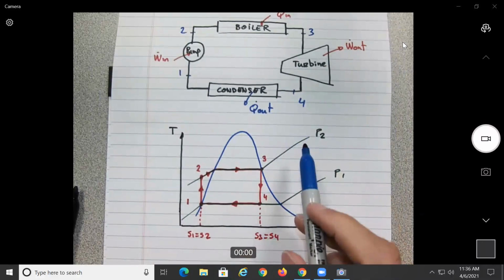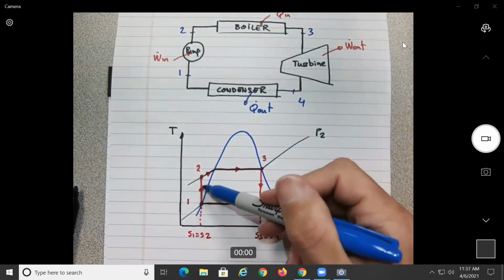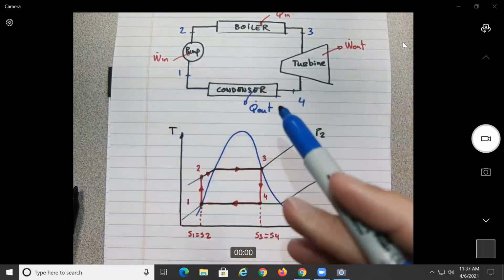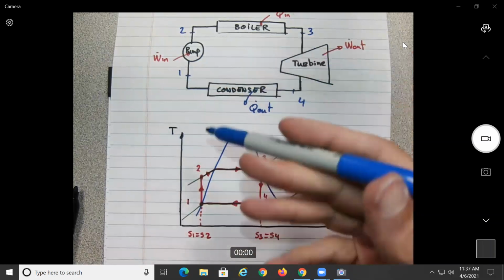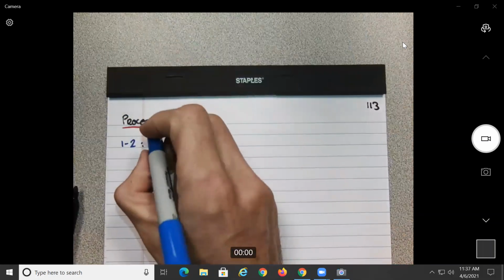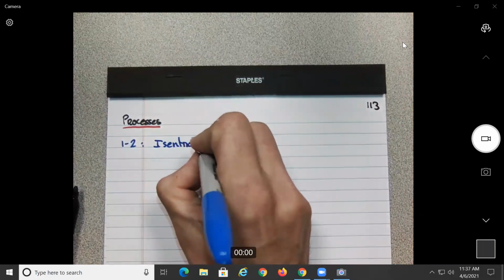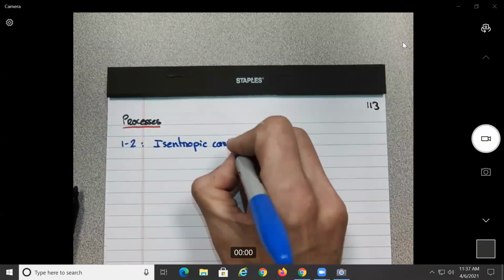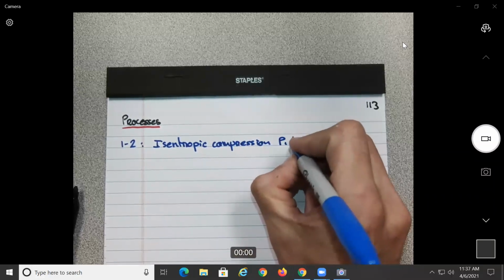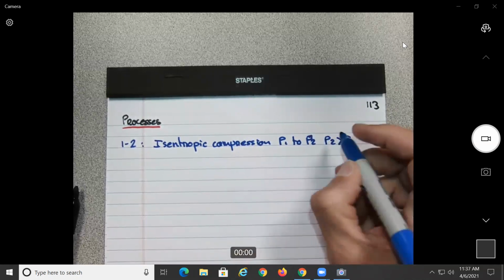We go from P1 to P2, no? This process is isentropic, so basically this is an isentropic compression. If you think about it, the pump is almost acting as a compressor, but instead of air, it's water, so you need a pump. Isentropic compression, P1 to P2. Obviously, P2 higher than P1.